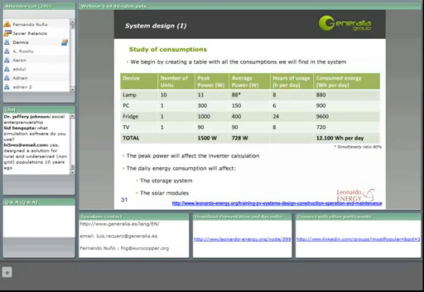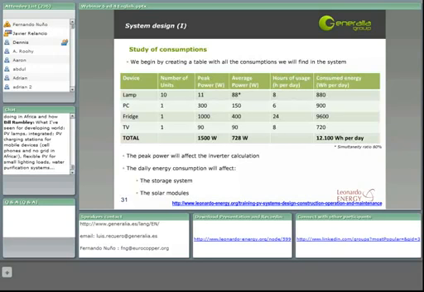This average power is less than the peak power because, as you can see, the peak power, for example, from the fridge will be 1,000 watts, but the fridge motor will not be working the whole day. So the average power, we can consider it about 400 watts.